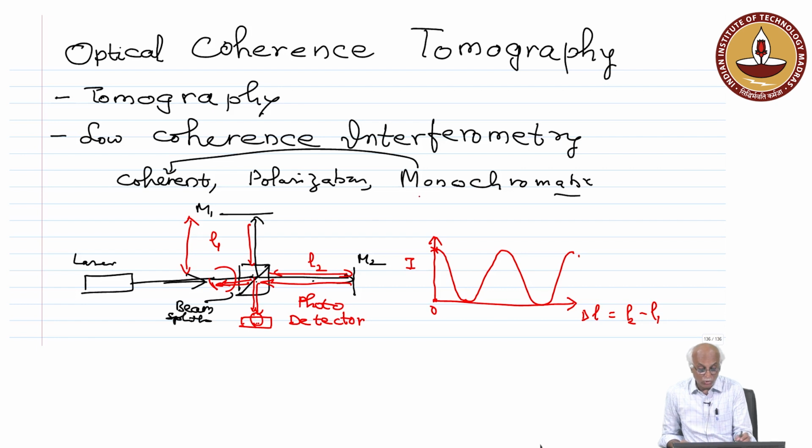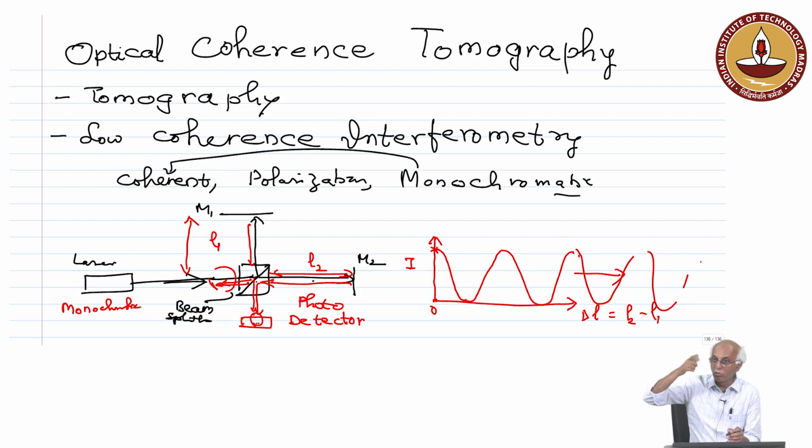If this light source is monochromatic, this interference will keep repeating for infinite path length. The path difference can be very long and still you will see such an interference pattern. So this is what we know.